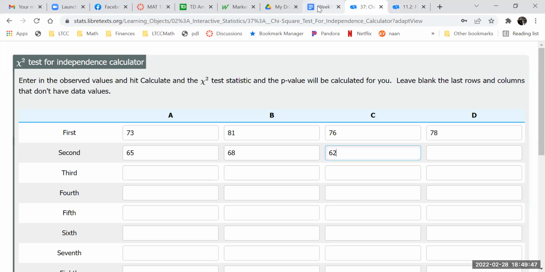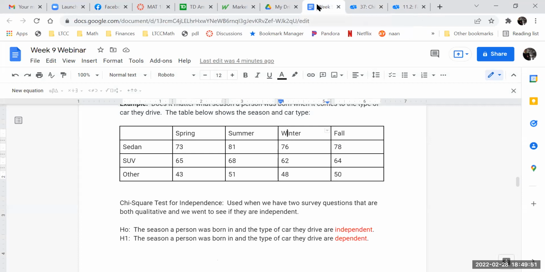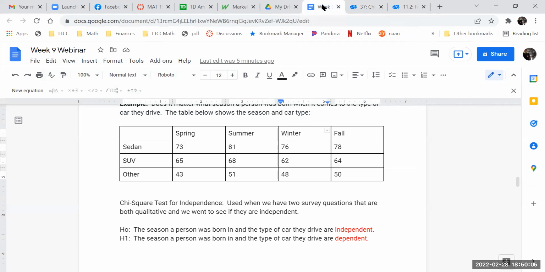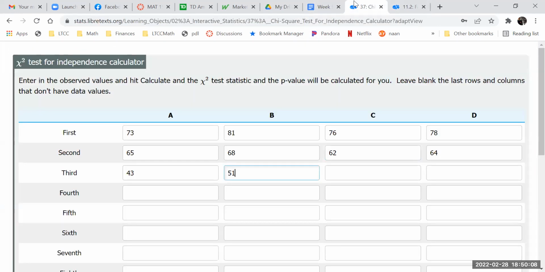And then 64, then 43, 51. And then 48, 50. Okay, any questions so far?